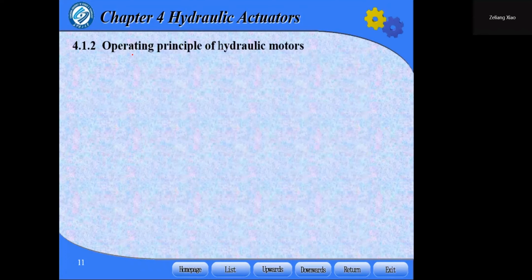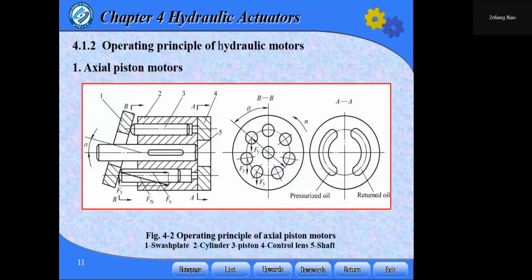For 1.2, the rating principle of hydraulic motors. Let's have a look at this picture. It's an axial piston motor, figure 42. One is the swash plate.